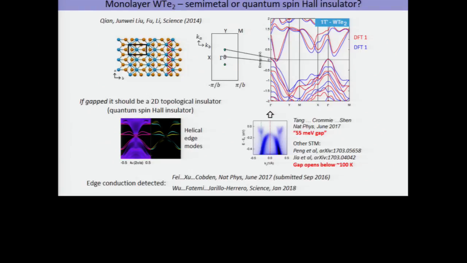So we're not the only people who have seen this, and we see what we think are helical edge modes on this monolayer material. And we also see that the bulk is insulating, in spite of these predictions that it would be metallic from band structure calculations. But I'm going to claim that it's not a trivial insulating state. It's not a single particle insulator.